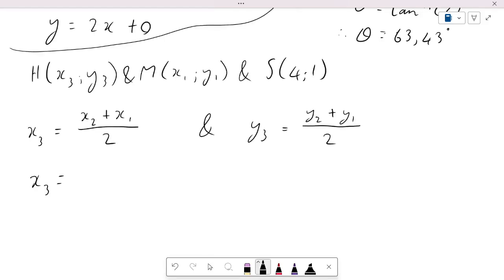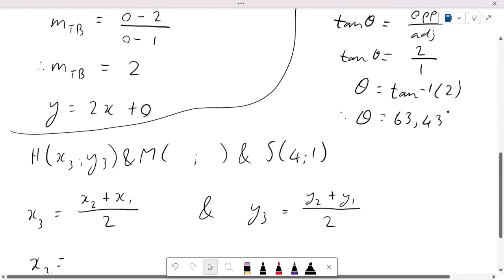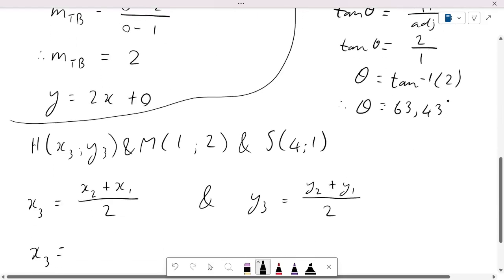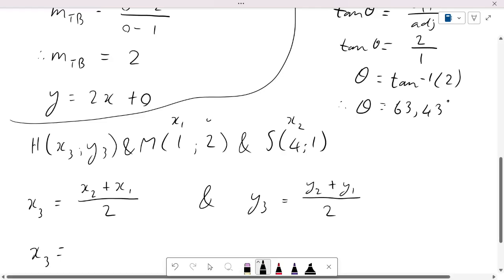I actually should have just labeled this as it was. So M has coordinates of 1 and 2. We call this x1 and this x2. This is y1, and this is y2.